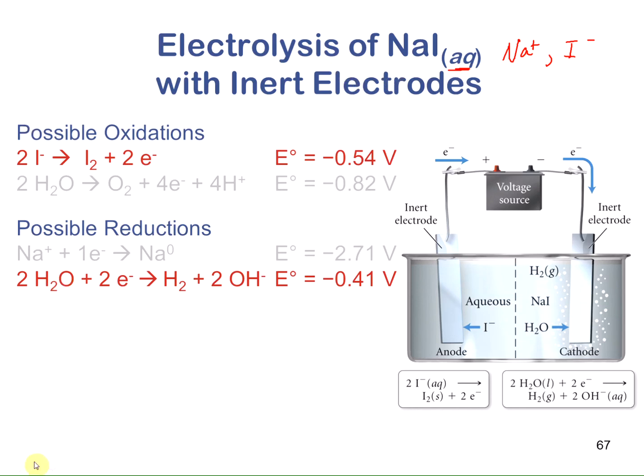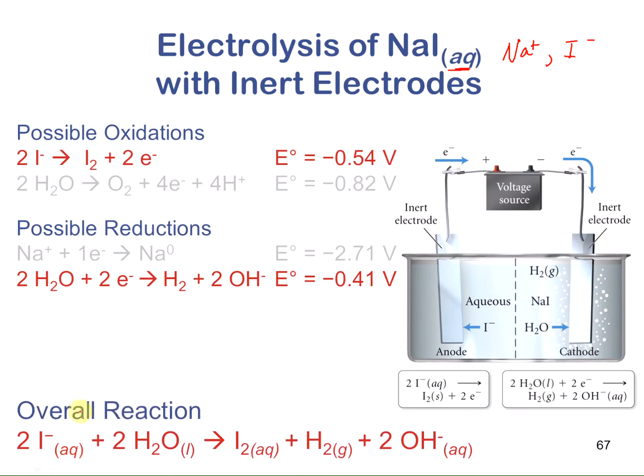When I add those two equations together, the overall reaction is the 2I minus plus the 2 waters going to form I2, hydrogen gas, and 2 equivalents of the hydroxide ion. I simply added these two equations, and notice that my electrons are canceling out. And if we want to know the E cell of the reaction, we add the minus 0.54 plus the negative 0.41.